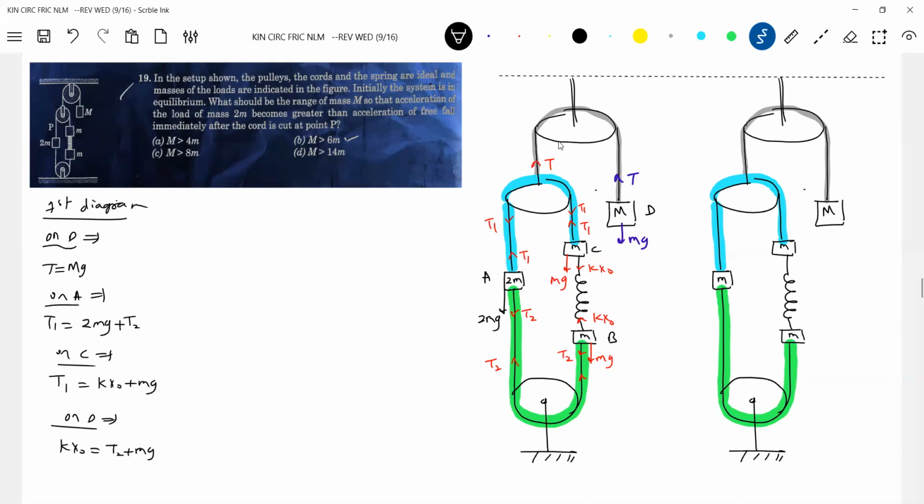What is T? T is equal to T1. Looking at that pulley here, this tension should be equal to T1. Let me substitute this. T is equal to capital mg, and T1 is Kx naught plus mg. On block C, from there I'll write it.